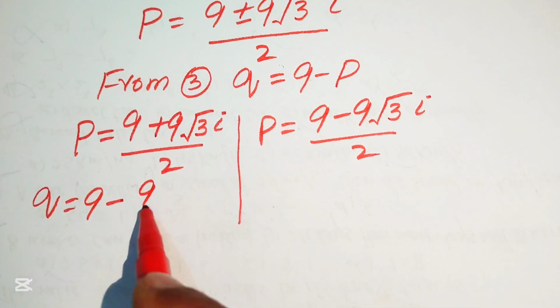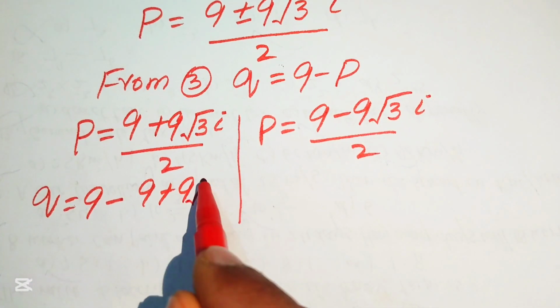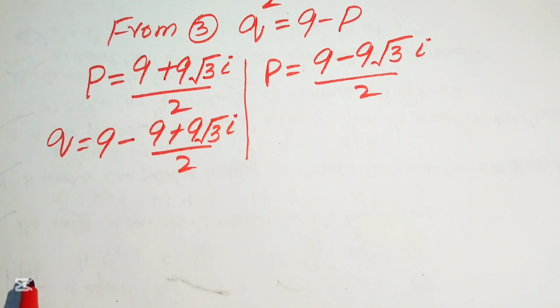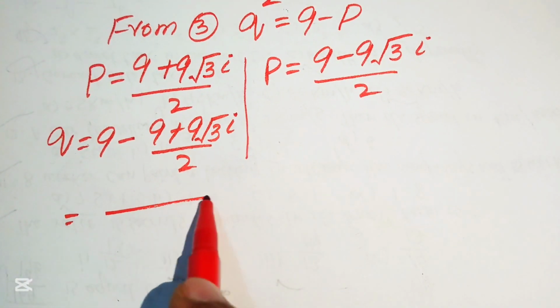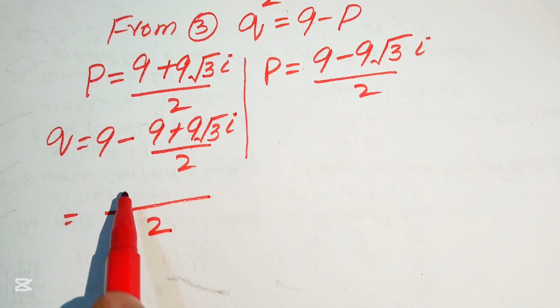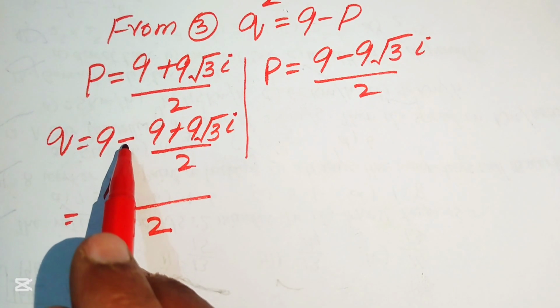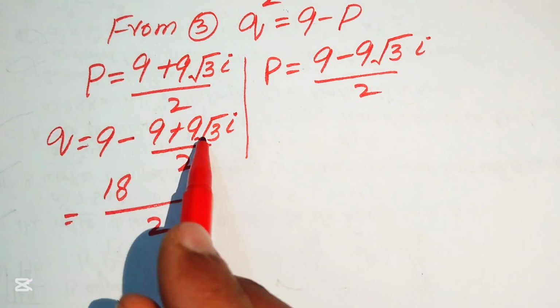The value of p is (9 + 9√3 i)/2. So here we again take the LCM of this term. The LCM of this term is 18, and here we multiply this minus sign on both of these terms.